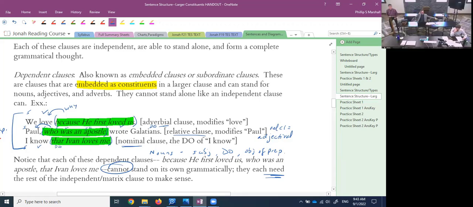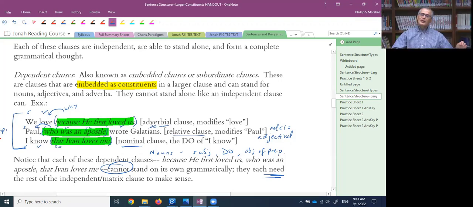Hey, Dr. Marshall, I'm looking at the second example underneath the dependent clauses, and the term relative clause is hard for me, not a very good distinction, because all dependent clauses are relative to an extent. Well, okay, yeah, relative meaning relative to the rest of the sentence, related to, I guess.